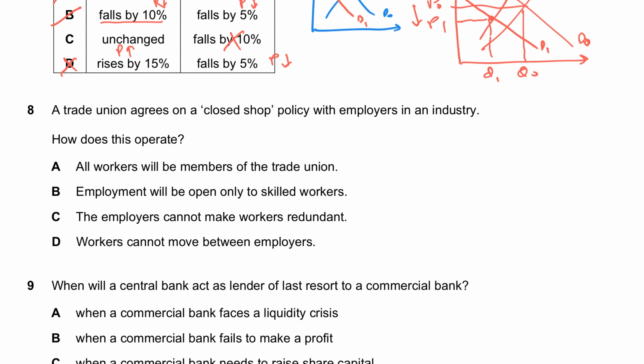In other words, all workers must be members of the trade union. There can't be any worker or employee who is working and not a member. So, by agreement, everyone who works for the organization has to be a member of the trade union. So, A is the right answer.